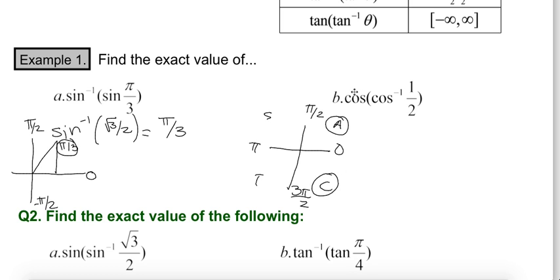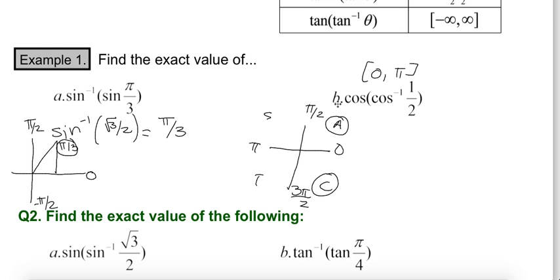But when we're talking about the inverse of cosine, remember we restricted the domain of that to 0 to pi so that we could have an inverse, because you can't have an inverse unless your function is 1 to 1. So in order to do that, we restricted the domain of cosine to 0 to pi.